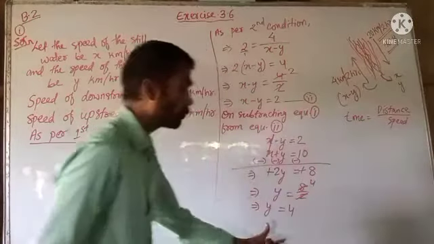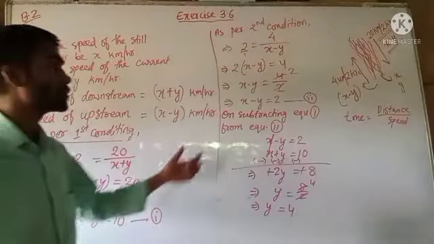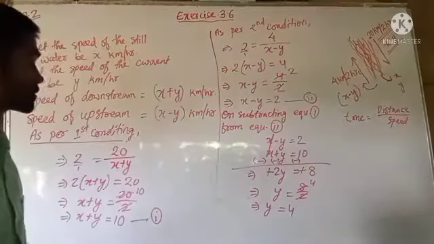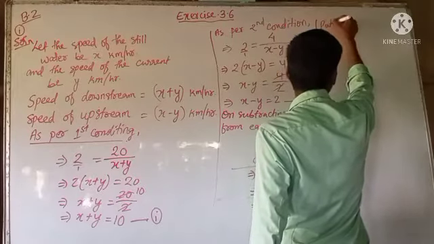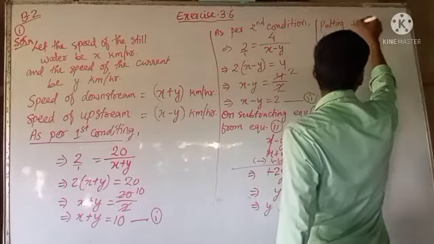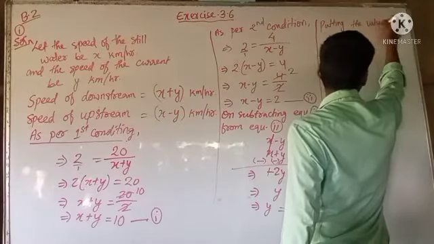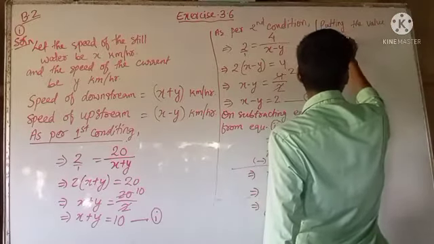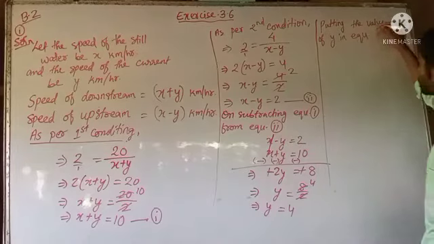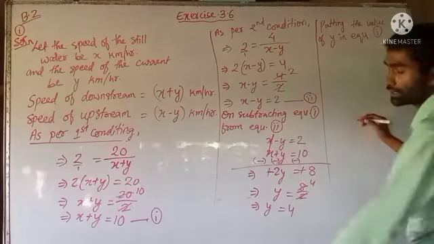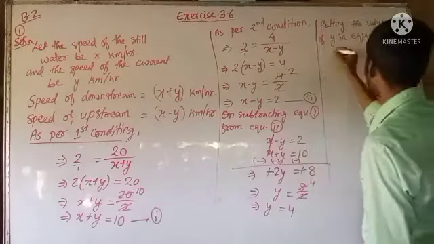Now that value of y we will place in equation 1 or equation 2 and we will find the value of x also. So putting the value of y in equation, let us place in equation 1. Equation 1 here it is x plus y is equal to 10.